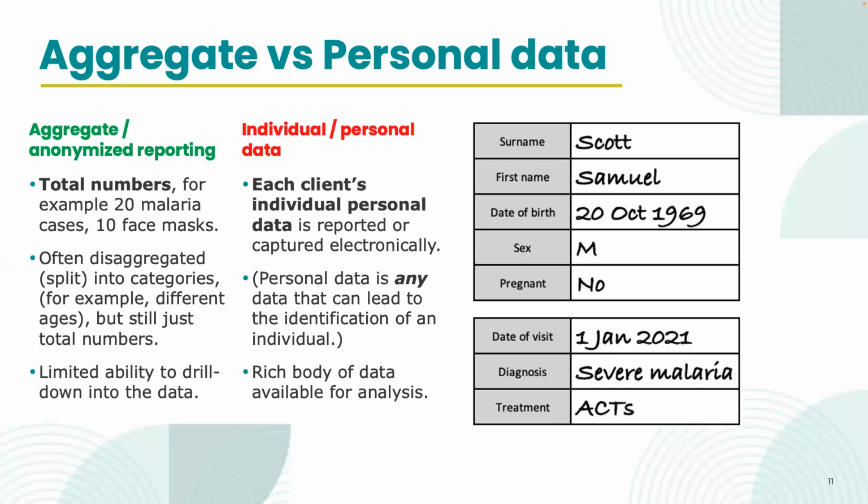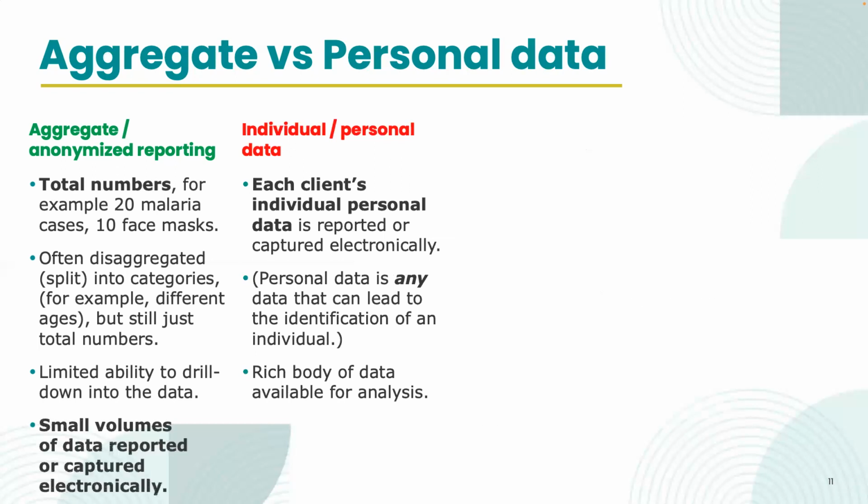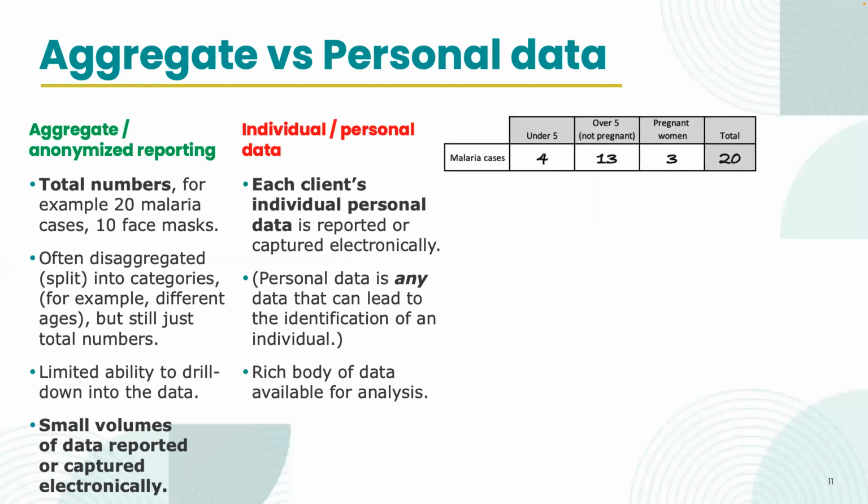And these could be used to identify the patient. So it's still usually considered personal information if you're collecting this level of data on each individual. As you can imagine, this gives you a really rich body of data to analyze. You can really drill down into the detail to understand your patients and services. But that can be a curse as well as a blessing.